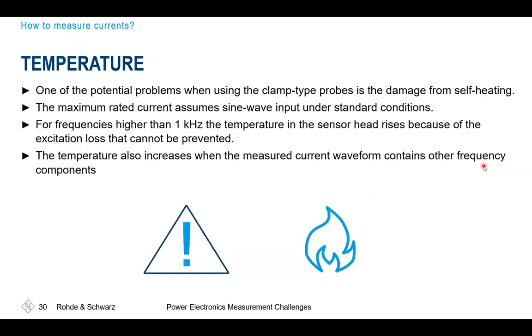In a worst case scenario, I've seen that already several times, the current probe will melt down because it got an excessive amount of current on the primary side, which caused too many losses. And then you'll have to tell your boss why you need another current probe.